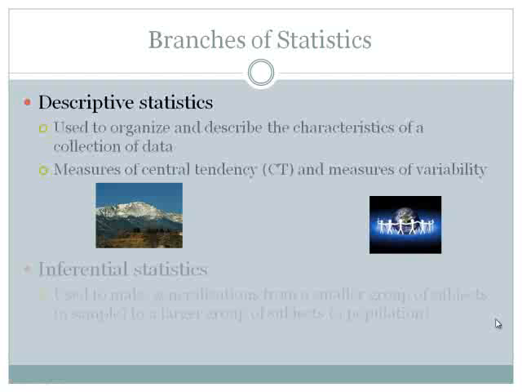The type of statistics, or the branch of statistics that help us organize and describe data, are called descriptive statistics. Some of the things that fit into this category of statistics are the measures of central tendency and variability. And you might wonder why there's a picture of a mountain in the middle of the screen. That is actually Pikes Peak in Colorado.